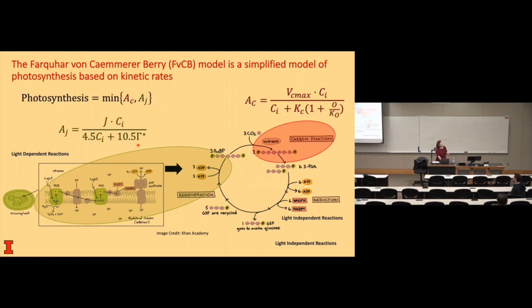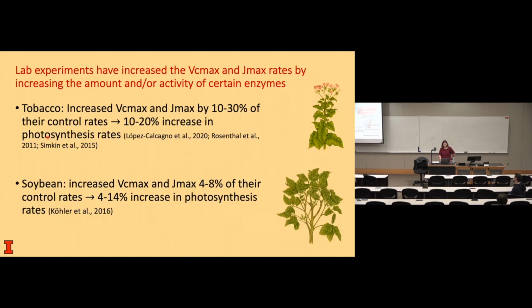I have these 2 rate equations describing this pathway, and then essentially whichever rate is limiting is what is calculated to be the photosynthetic rate. Two key parameters in these rates, which I've circled, are what we call the Vcmax and the J or Jmax parameter, which are essentially the maximum rates that these two reactions can be.